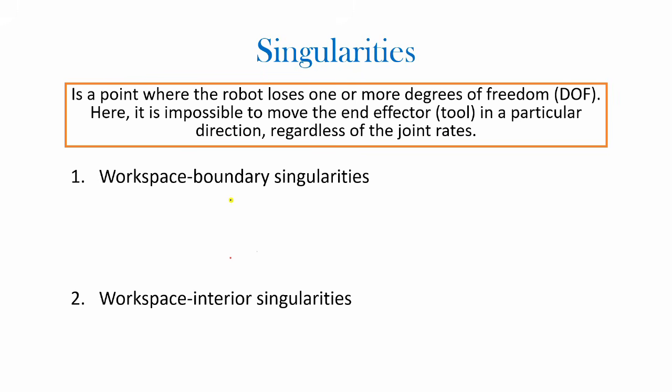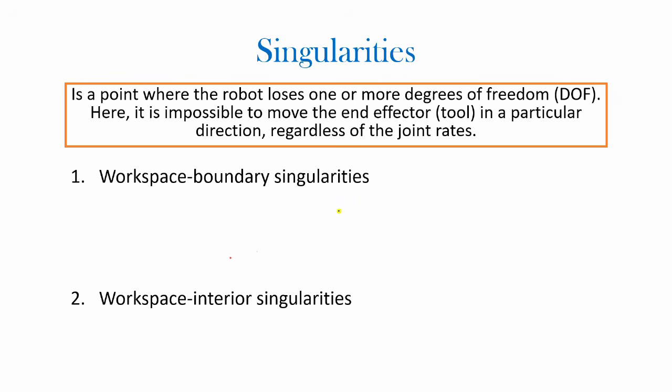Alright, so now let's have a look at singularities. I'm not going to go into depth on this topic, but I will give you a brief introduction. By definition, a singularity is a point where the robot loses one or more degrees of freedom. And at this point, it would be impossible to move the tool of the robot in a particular direction, regardless of the joint rates.